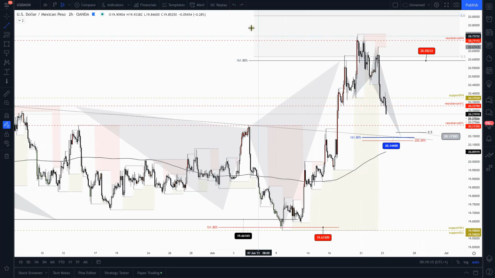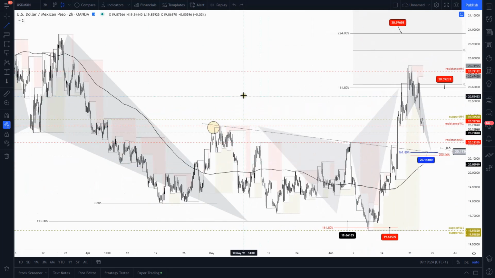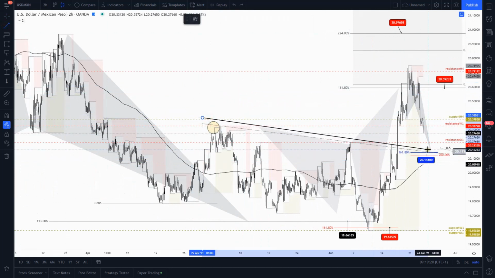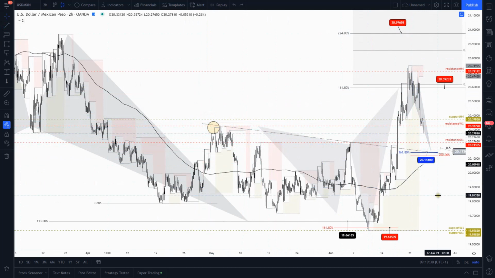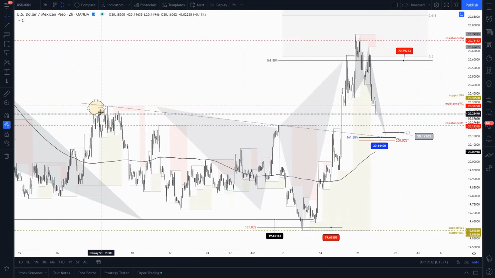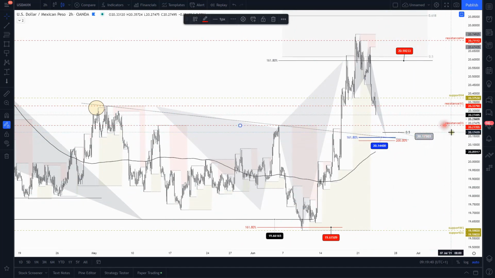But again, I don't know what will happen, and we have what may act as a bullish scrap pattern at the previous structure resistance. So we can see a trend line connecting these highs right there. We have this trend line resistance from the previous structure, which may act as support. So I'm pointing to 2017, or let's say the previous structure resistance 2021 for the Mexican peso.